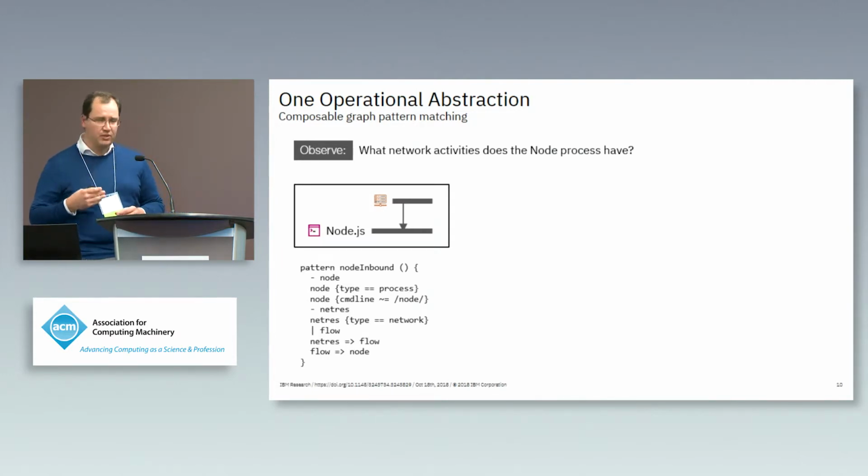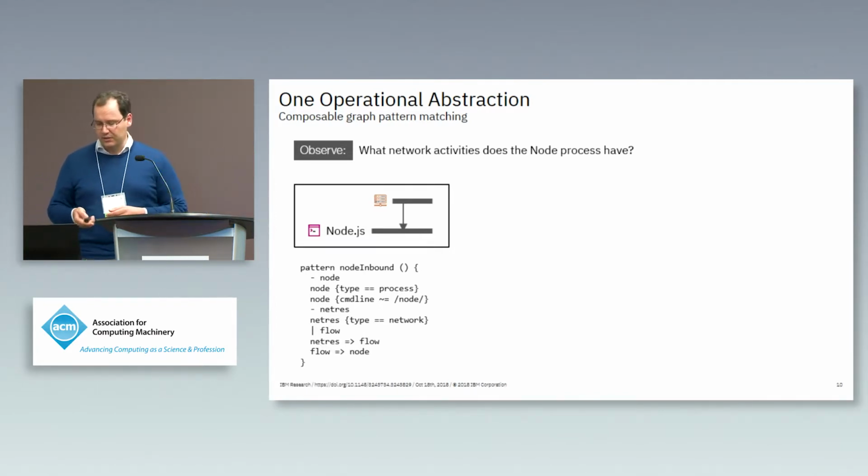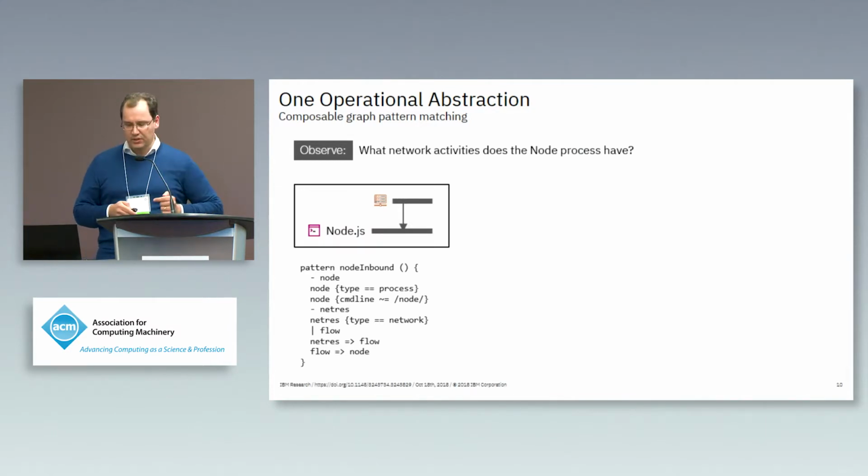Basically, the platform provides a new language, a domain-specific language called tau calculus. That language allows the threat hunter to define, for example, a node entity that has two constraints, two predicate expressions. So the type of that entity is process, and the command line includes a substring named node. The other entity that you define is, for example, a network resource that is of type network, and then you define a flow, an event that connects the two.